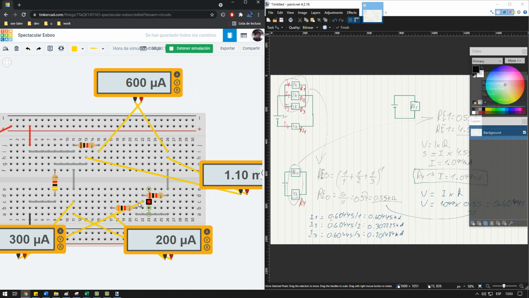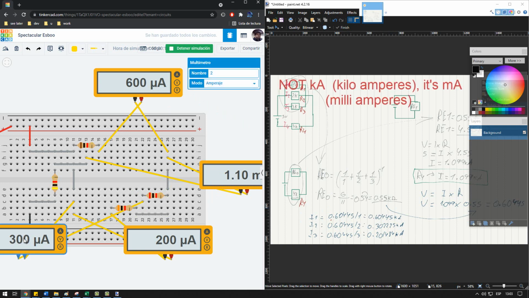I2 is here, 300 microamps, which is equal to 0.3025. I3 is equal to 200 microamps, which is equal to 0.2014.